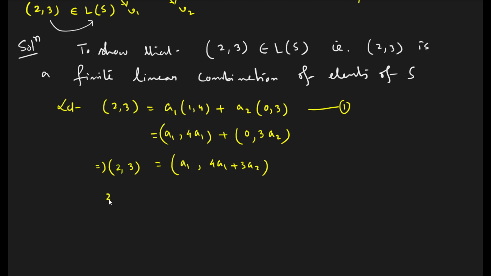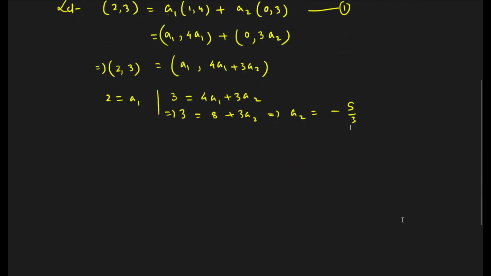So directly 2 equals a1. Then the second equation is 3 equals 4a1 plus 3a2. Now we know a1 is 2, so it's 8 plus 3a2. So when we calculate, the value of a2 will be minus 5 by 3. Now you see the values of a1 and a2. Our a1 is 2 and a2 is minus 5 by 3. So that means both are real.